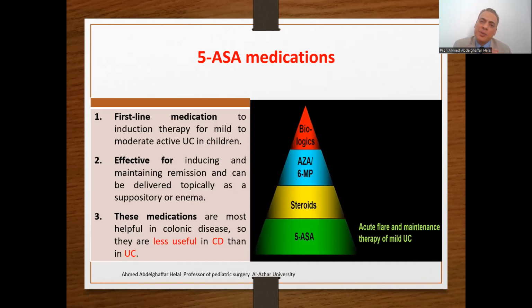However, this drug is mainly for chronic disease, so it is less effective in Crohn's disease, and is used mainly for treating ulcerative colitis. This is the first group of drugs used for acute flare and maintenance of mild to moderate ulcerative colitis, less effective in Crohn's as it is mainly used for chronic disease.